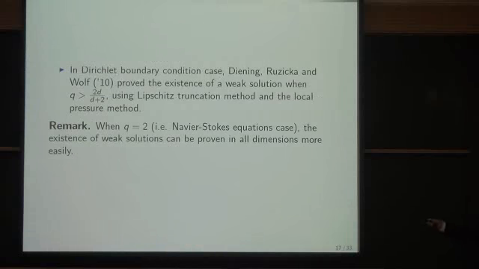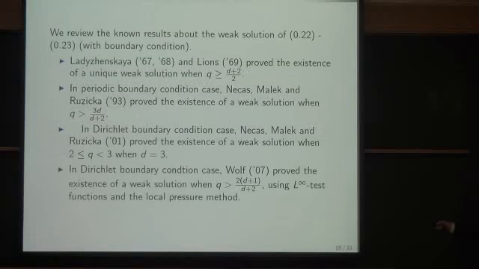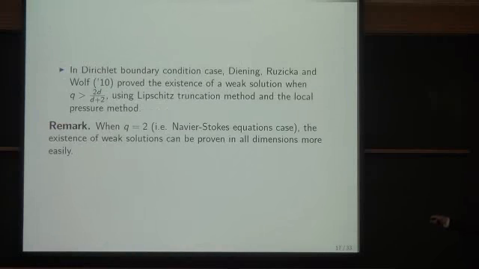And in the Dirichlet boundary condition case, Diening, Ruzicka, and Wolf in 2010 proved the existence of a weak solution when q is larger than this, using the Lipschitz truncation method and the local pressure method. So the difference between Wolf's 2007 result and the 2010 result is using Lipschitz truncation instead of L infinity truncation.